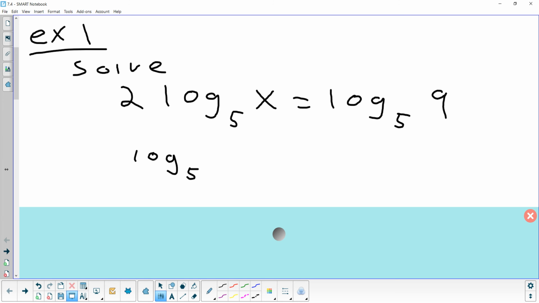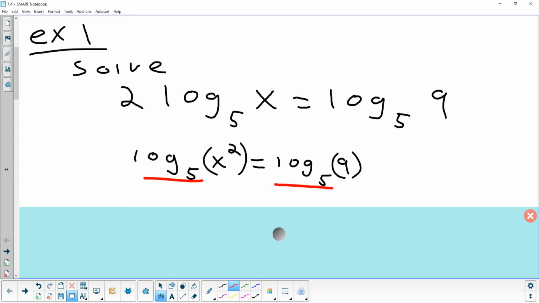So we have log base 5 of x squared equals log base 5 of 9. So x squared is my argument on the left, and 9 is my argument on the right. The log base 5, the part I just underlined in red, already matches on each side, and that's the goal here.